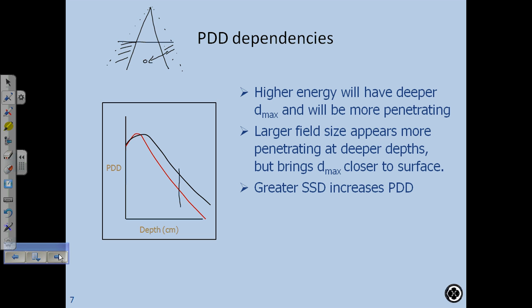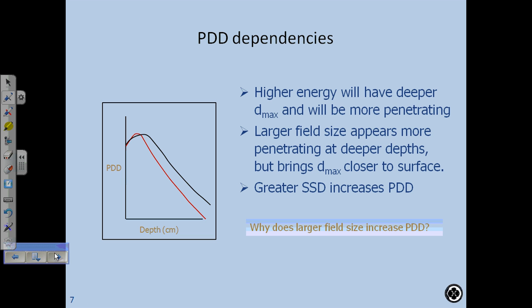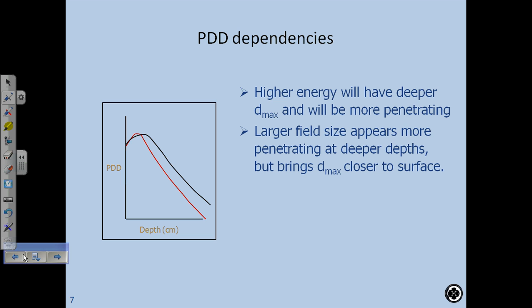Okay, greater SSD increases PDD. So now the third parameter that affects PDD is the SSD. Why does a greater SSD increase PDD? Let's think about that. So again, you could think of this being SSD 120.